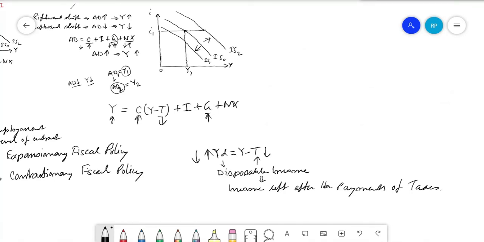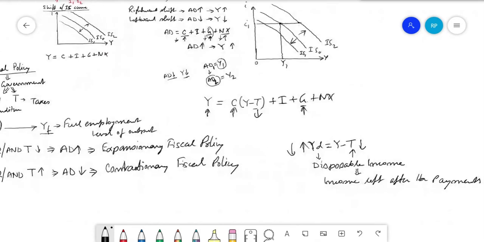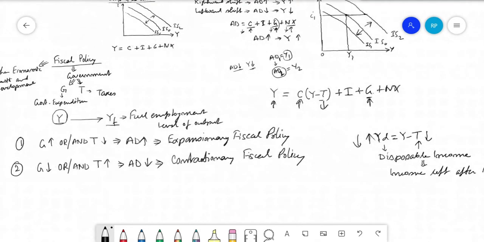Later on, I will give you an indication and you can do it yourself. So complete all the concepts of the IS curve, and also establish the relationship between fiscal policy and the IS curve. What fiscal policy is, what the types of fiscal policy are, what the instruments of fiscal policy are, this is all the part I have discussed here. So now you check and tell me any problem, any issue, or if you want to ask anything, please tell me.